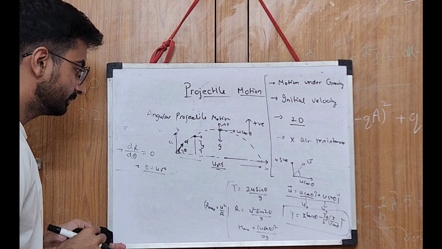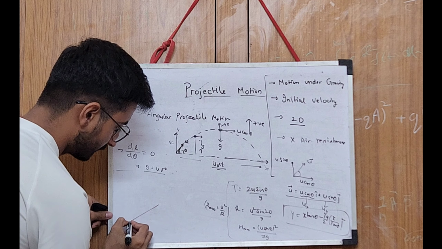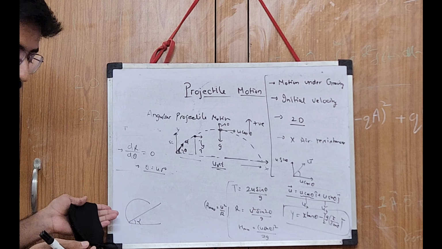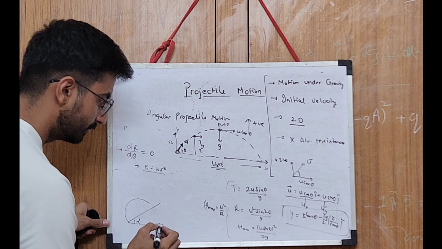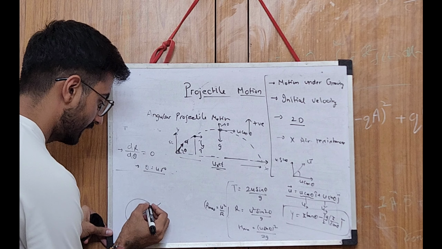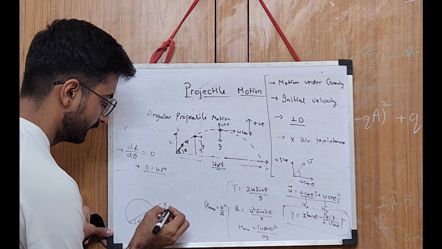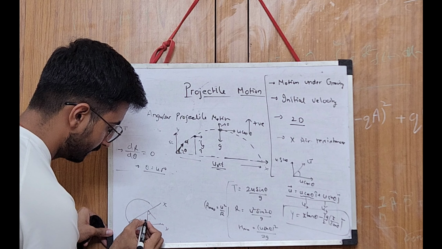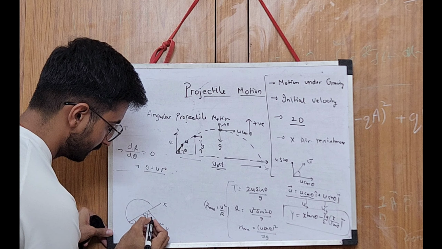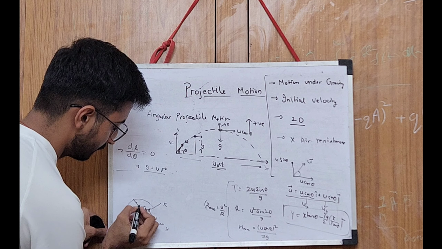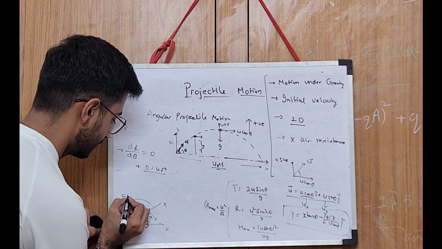And one other thing, if our motion is on an incline, it can be inclined also. So then what do we have to do to find t, r, and h? We have to change the axes, x here to here, and then we know that g is downward, and this angle will be 90 minus alpha. So this will be g cos alpha, and this g sin alpha.